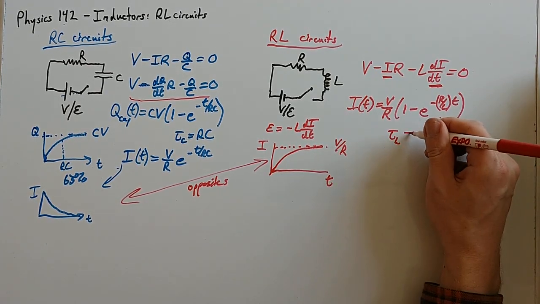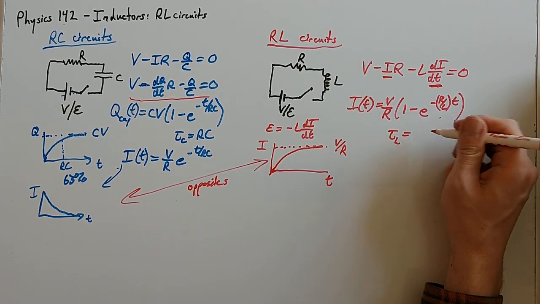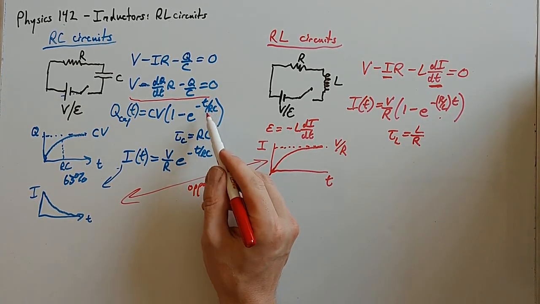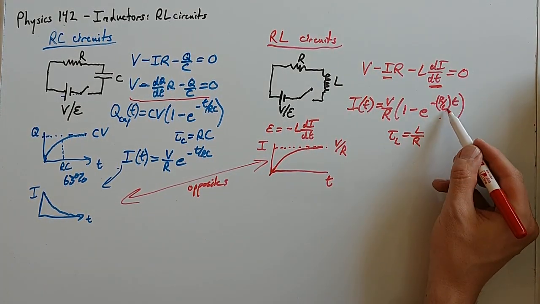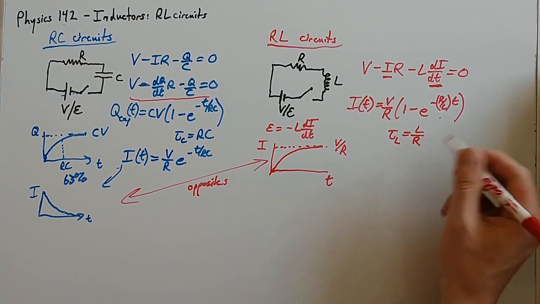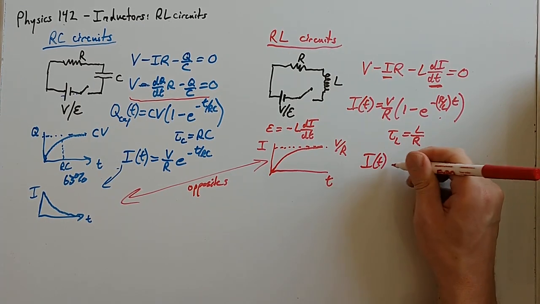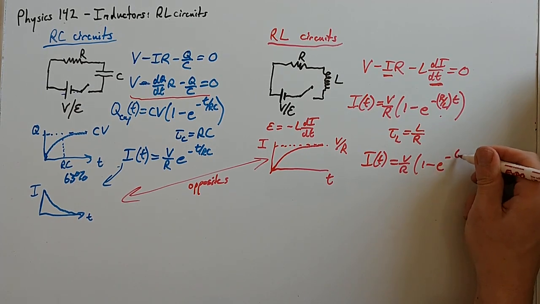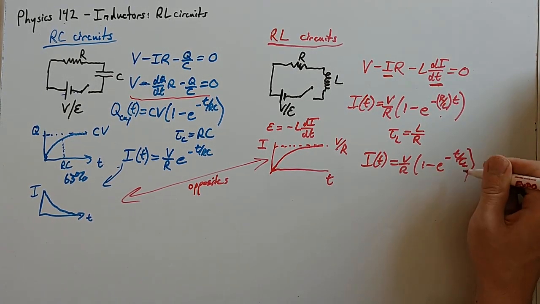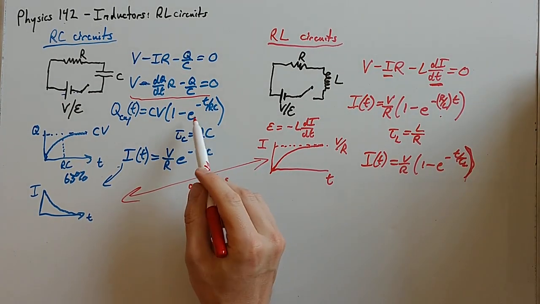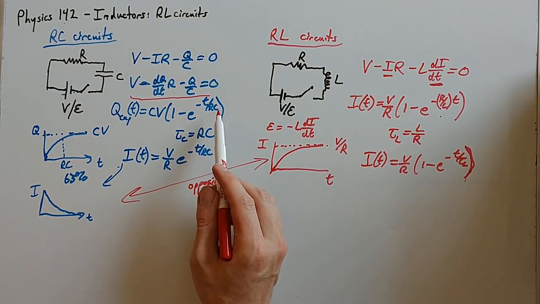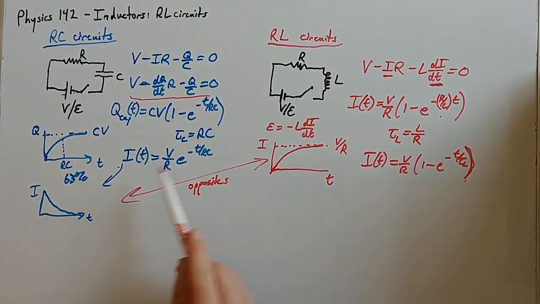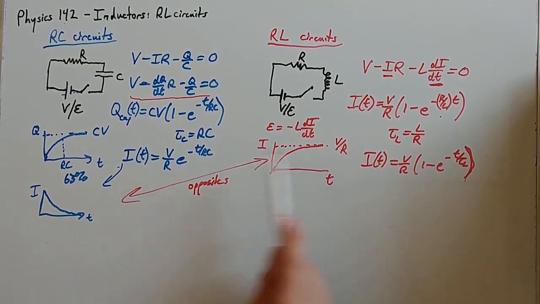Here the tau for inductors is going to be L over R. So here it was RC, here we have L over R. So another way of rewriting this equation would be I of t is V over R times 1 minus e to the minus t over tau L. And that would be very similar to writing this with minus t over tau C. So very similar equation, except this one's a current equation, this one's a charge equation. The current equations actually work exactly opposite to each other.